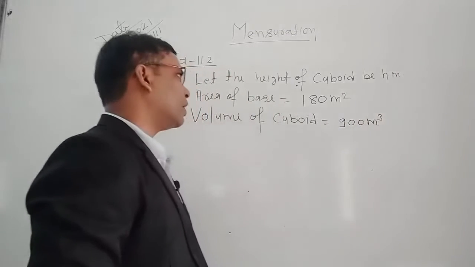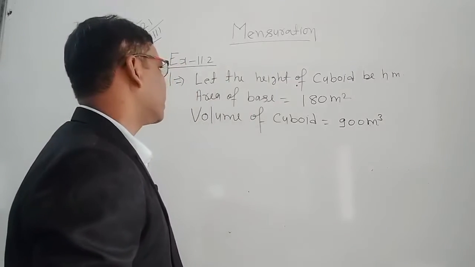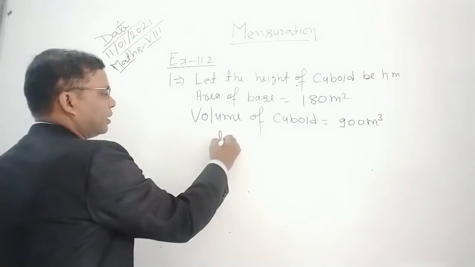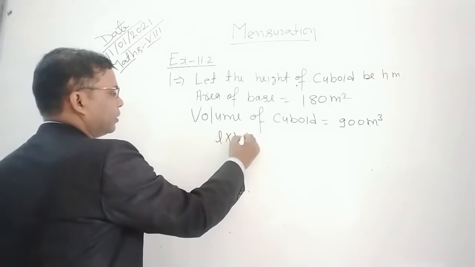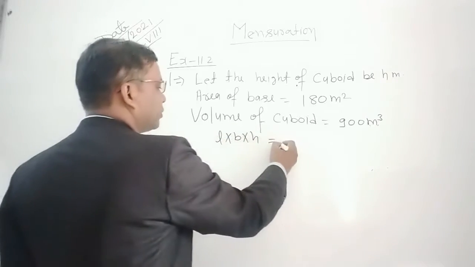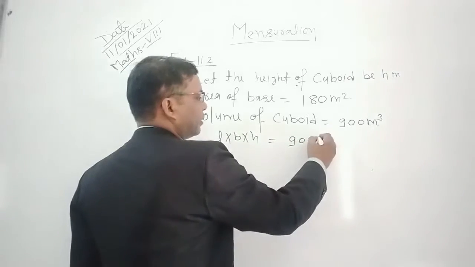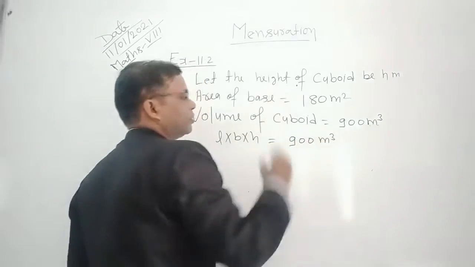Also you can write the volume of cuboid as L into B into H. This is equal to 900 meter cube.